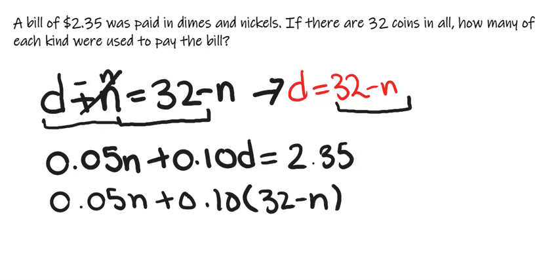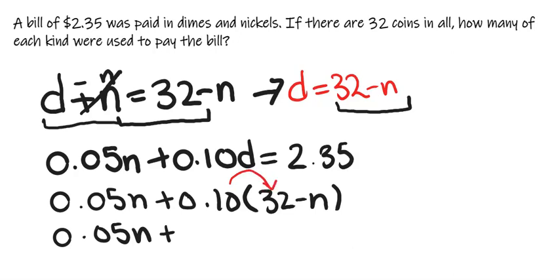Our next step is to solve or simplify. So I'm going to write everything down to the point right here. I'm not going to write 0.10 because I'll have to multiply that value inside of the parentheses right over here.